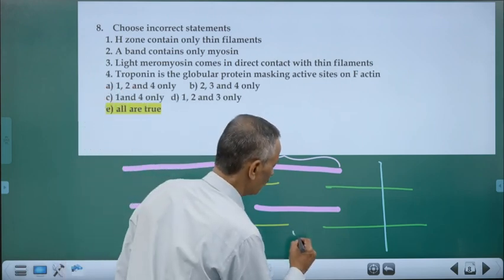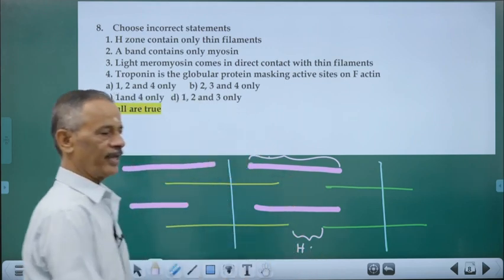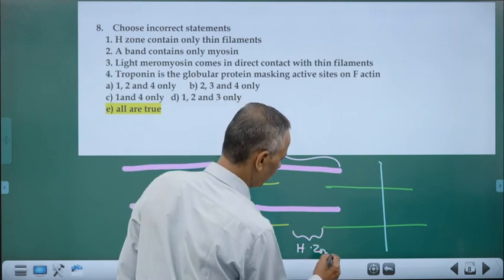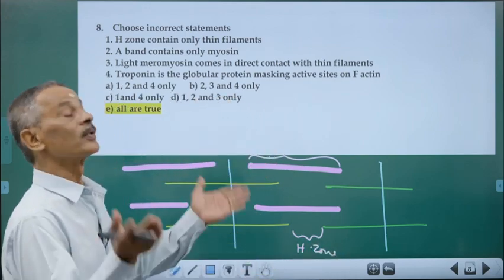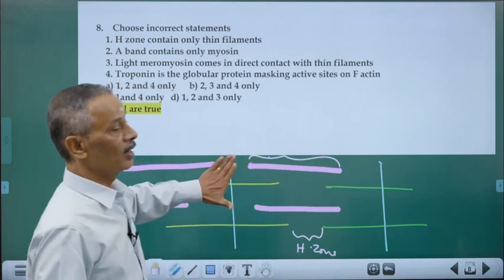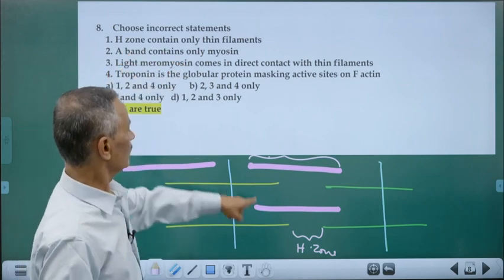This part which is not overlapped is called H zone, Hensen zone. So H zone is comparatively paler or lighter than the other ends of the A band. So H zone contains only thin filaments.